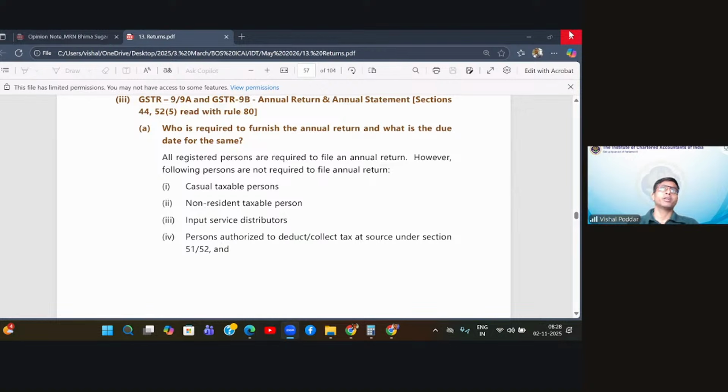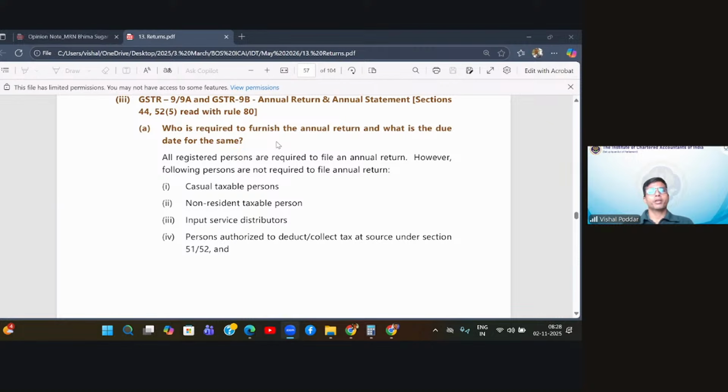By that time, if the return due date has not come, you report it as B2B. Or if the return due date had come and you had filed the return and uploaded my invoice in B2C, you do a correction of my invoice from B2C to B2B. So this is how the new registrant is also entitled to get the credit from 10th of October till the date of registration.